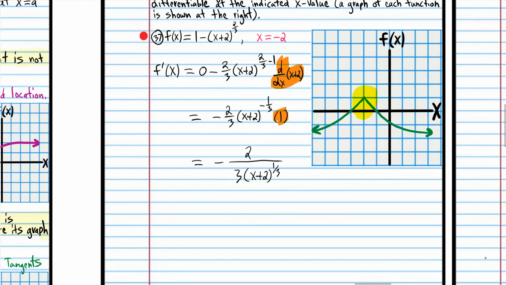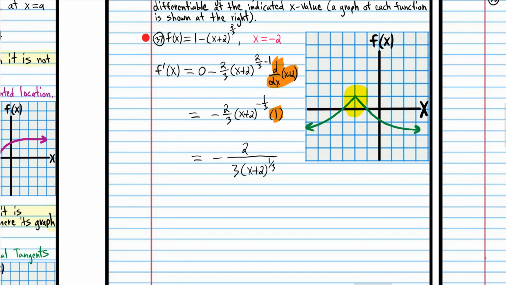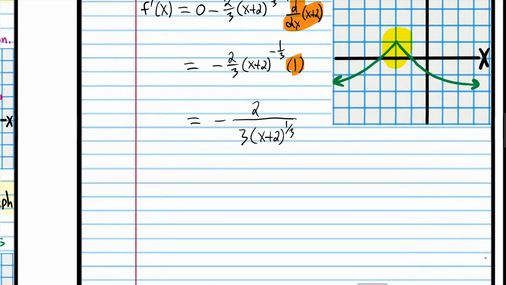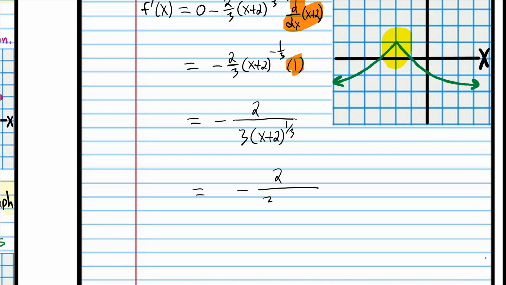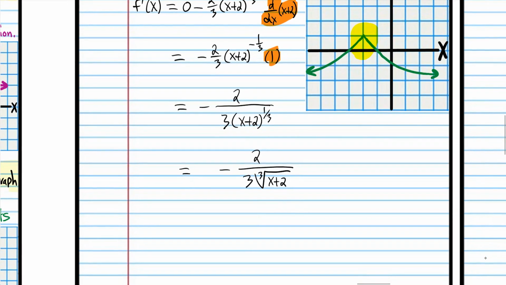So we have the following expression now. That was using exponent rule number 8. Again, you can go to my intermediate algebra course if you want to review the exponent rules. But we still don't really know what this expression means because we have a fraction exponent. So we have to translate it to the cube root of x plus 2. Now we can figure out what this actually means.